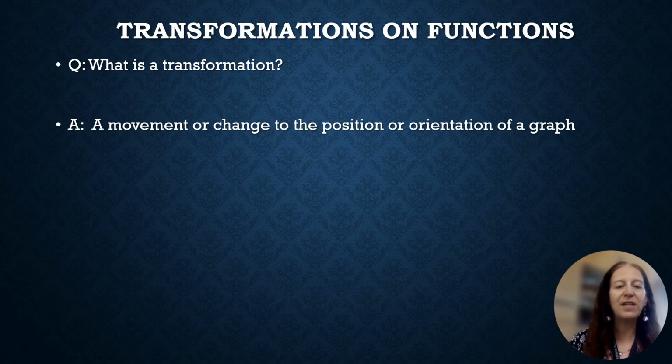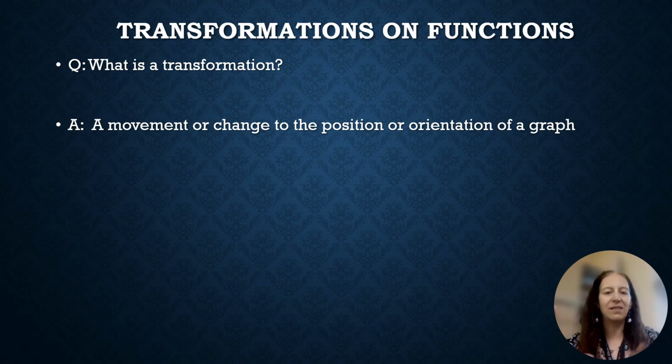A transformation is a movement or change to the position or orientation of a graph. It's actually a little bit more than that. There are categories of transformations, and we kind of dance around between two of them. Pretty much what we're talking about is you've got some kind of graph on the coordinate plane, and you're going to alter that graph by moving the position.